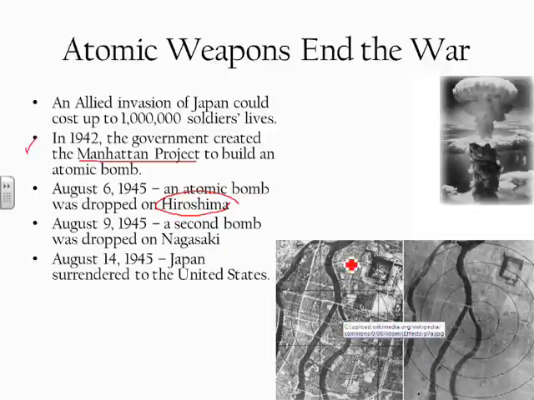Looking at this map down here, this is showing you the before, this is showing you the after. You're talking massive damage, massive loss of life. The Japanese do not surrender, so 3 days later, the United States drops another atomic bomb on Nagasaki, right, which then ultimately forces the Japanese to surrender.